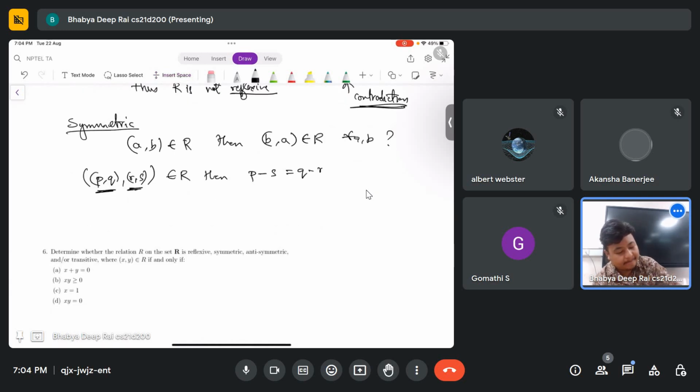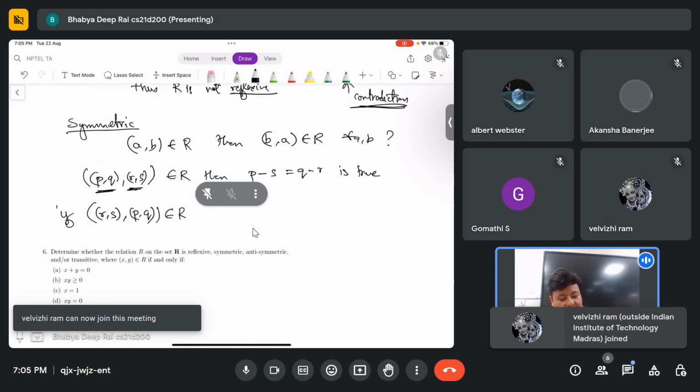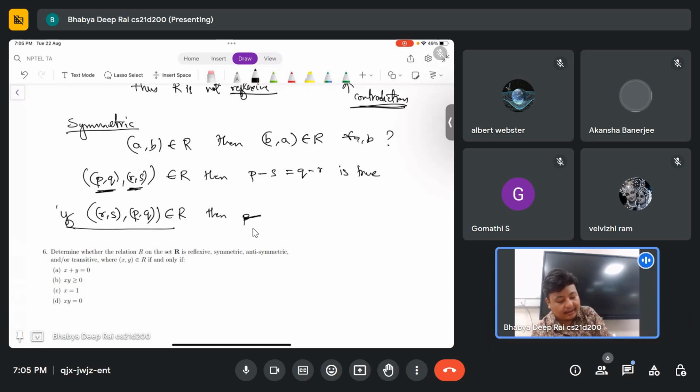Let's check if (B comma A) is in R. B comma A is R comma S, P comma Q. If this were to be in R, then R minus Q, the outer ones, equals S minus P.